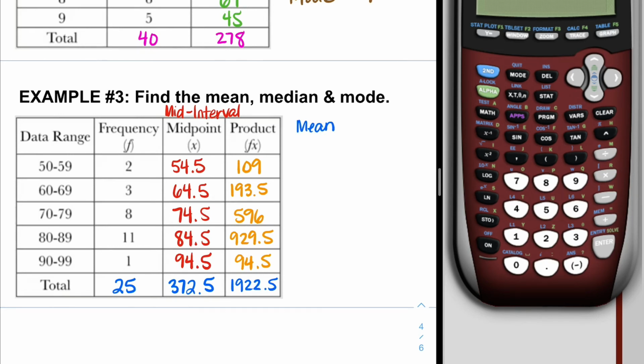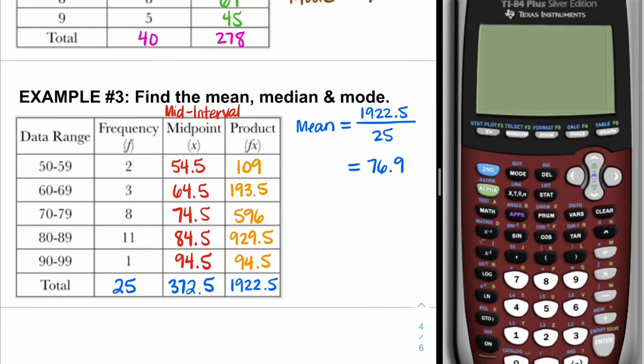In order to find the mean, we take the entire total of everything, so that's going to be 1,922.5. We divide it by however many numbers we have, which is 25. And when we divide, we end up getting 76.9.